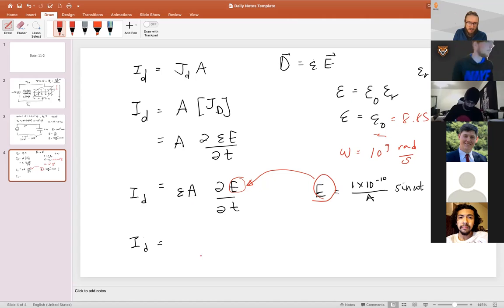Anyone else get an answer? And in your calculator, this one should be 1, at least on mine. This is 1E9.